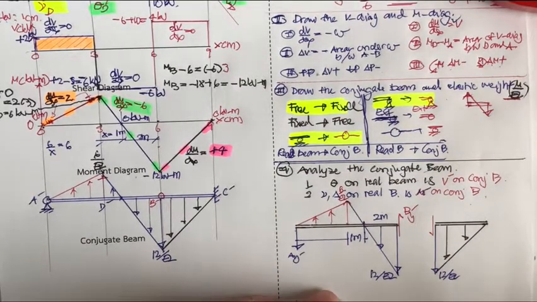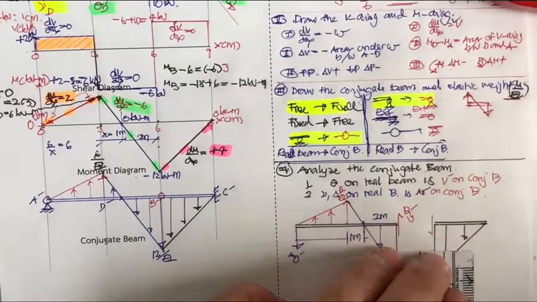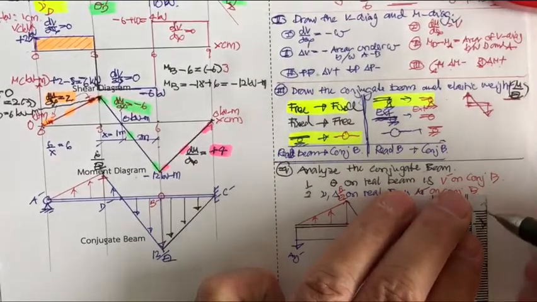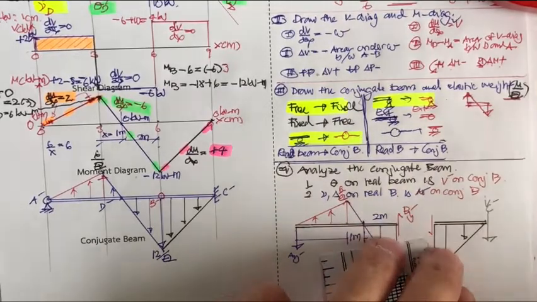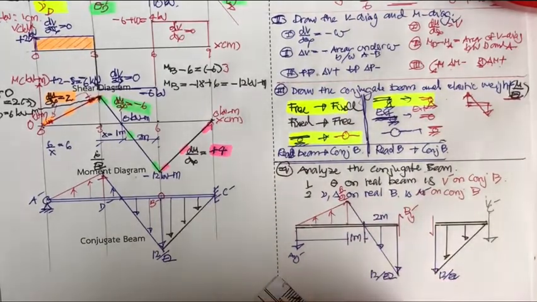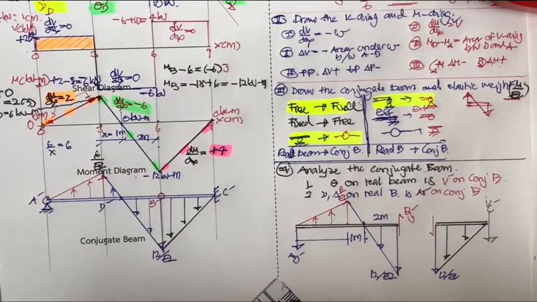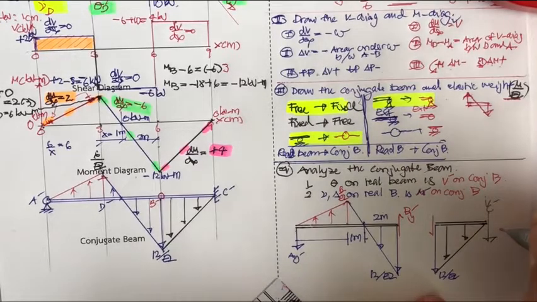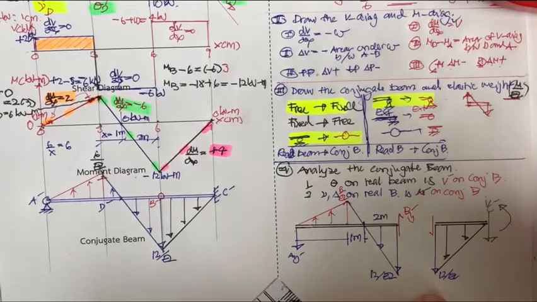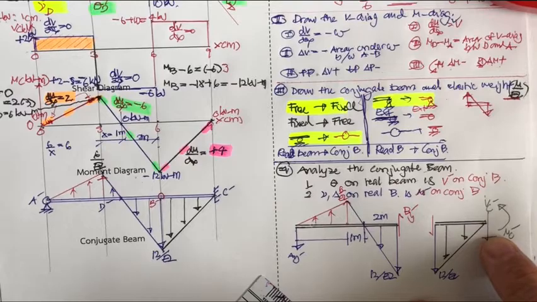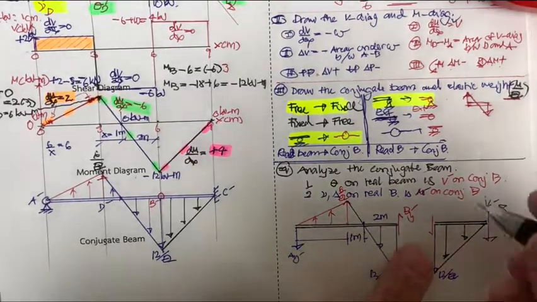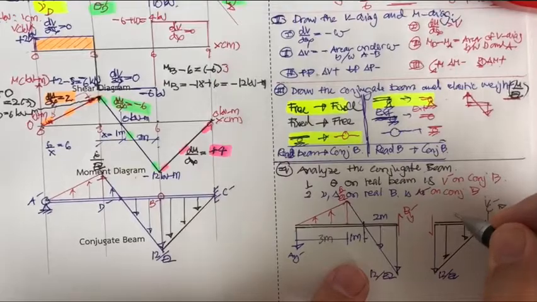And we also are going to have here, let's say, V sub C prime. And we have the M, okay, the M here, the M here. This is going to follow the sign convention that we have. This is going to be M sub C prime. Okay, and this is 3 meter, and this is 3 meter.